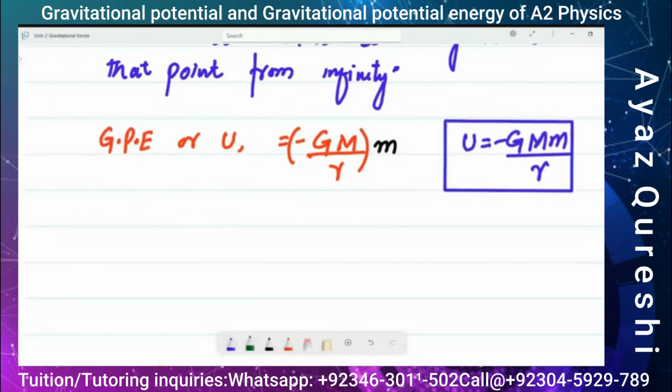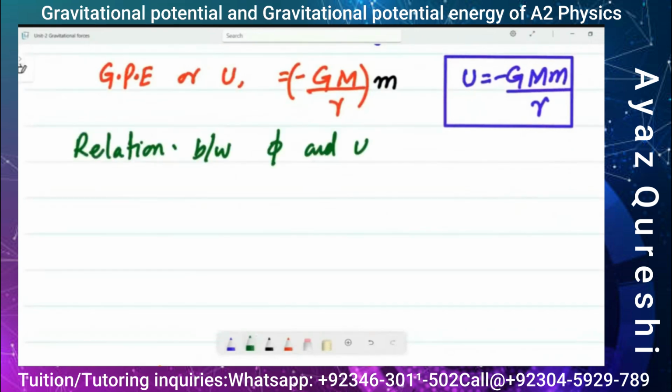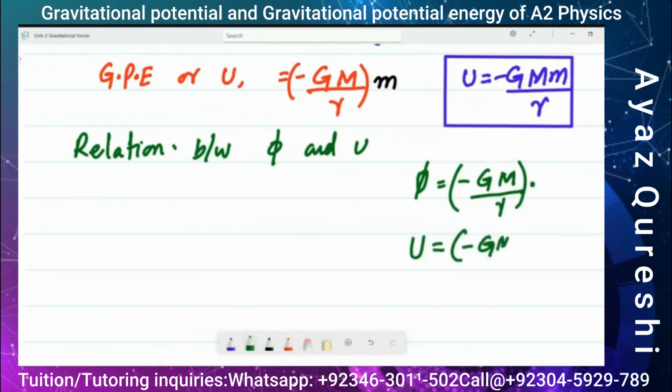So if I go to the relation between gravitational potential and gravitational potential energy. If phi is equal to minus GM divided by r, then what you have as U is just minus GM divided by r, whole multiplied by m.